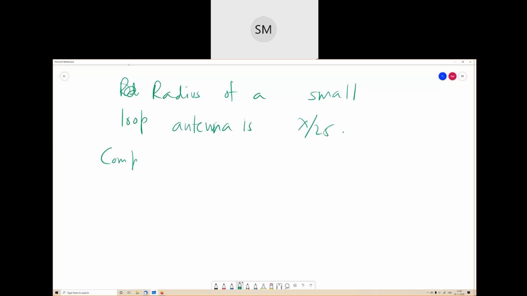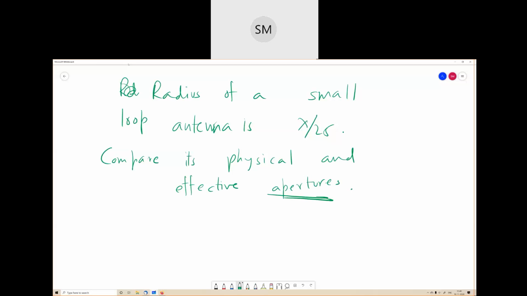The radius of a small loop antenna is lambda by 25. Compare its physical and effective apertures. Okay.